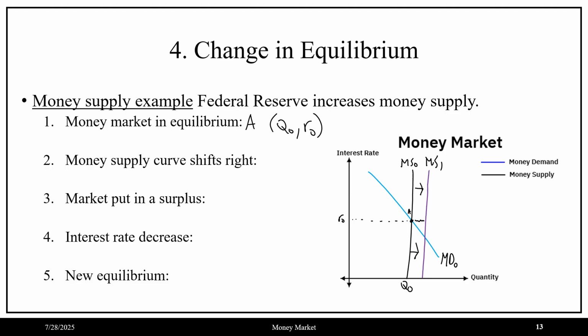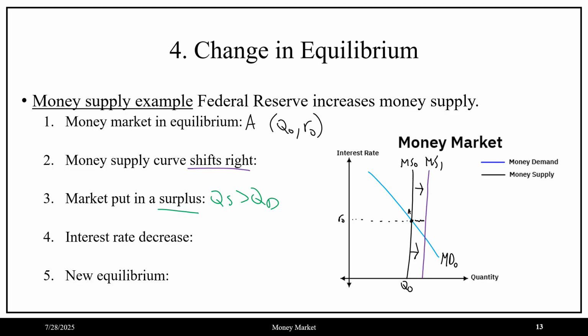Well, money supply shifts right. Then at the same interest rate R0, money supply is greater than money demand. So that's giving us a surplus, QS greater than QD.